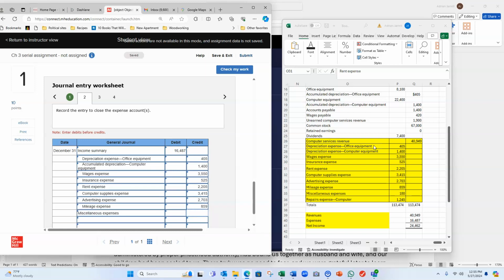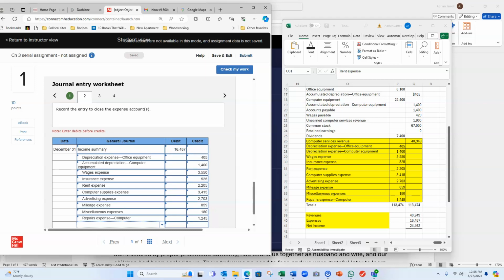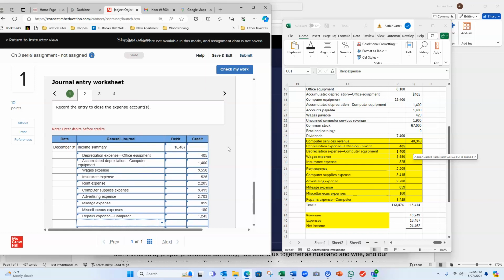Miscellaneous expenses $180, and repairs for $1,245. And I think that's right. I hope I got them right. That looks right. So we're going to record that entry.